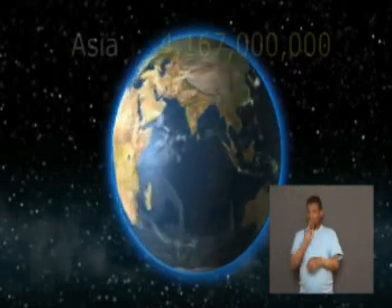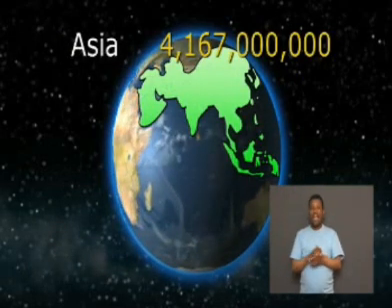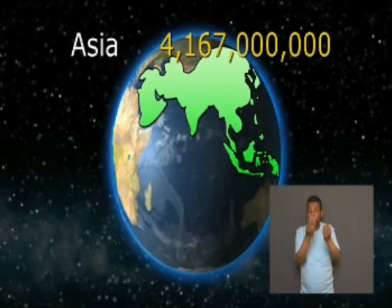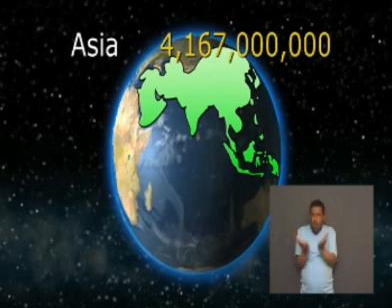Correct. The answer is Asia. It is not too surprising that the largest continent also has the most people. There are more than 4 billion people living in Asia, and it contains the world's 2 most populous countries, China and India.